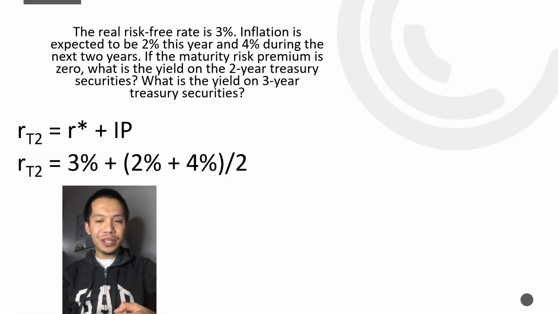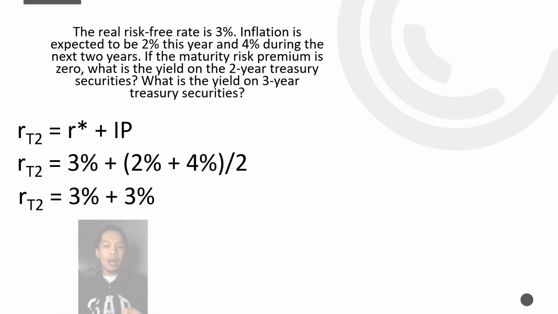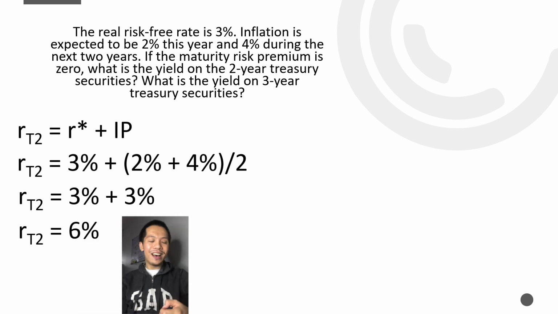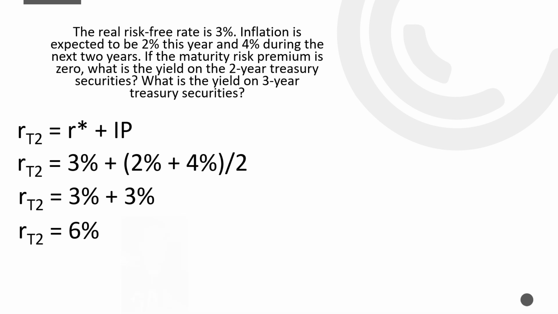R sub T2 is equal to 3%, the real risk-free rate, plus the average of 2% and 4%, the inflation rates for the next 2 years. R sub T2 is equal to 3% plus 3%. R sub T2, therefore, is equal to 6%.